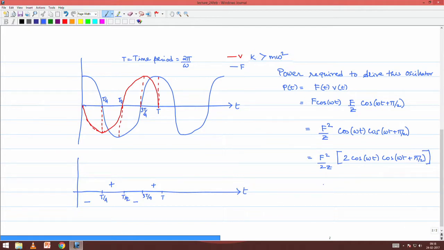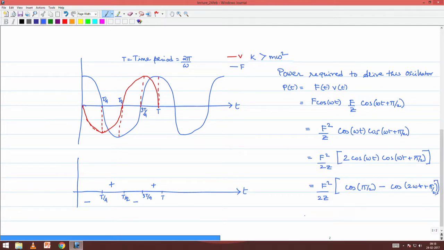If we do that, you will have f square by 2Z times cos of A minus B, which is cos of pi by 2, minus cos of 2 omega t plus pi by 2.